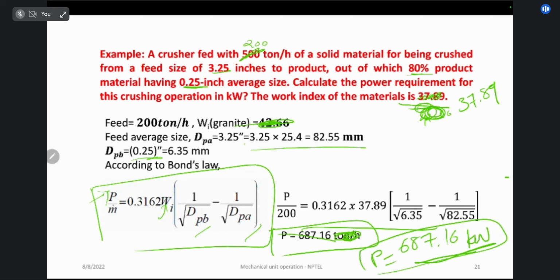Because of recording while traveling I made a small mistake here, but you always need to consider power is in kilowatt. That's why it is important to understand the units, the values, and the equations from the question. Like the 80% product is also there, we need to use it for the work index.